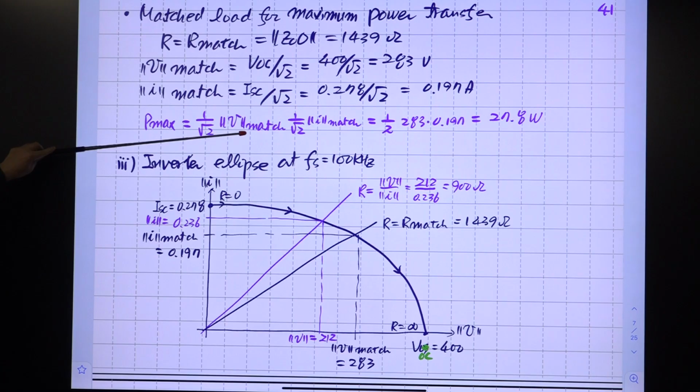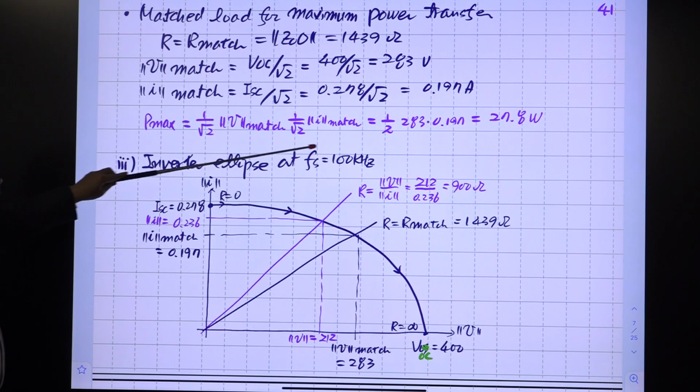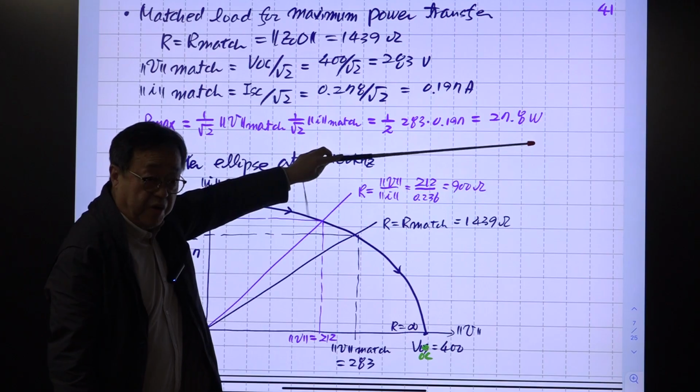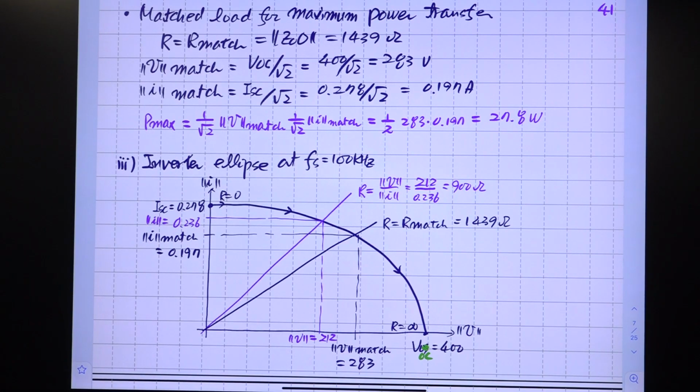This is the RMS value. This is the peak value. Then this is the RMS value. Then this is the average power. So if you plot the power delivered through this resonant tank, maybe it starts from 0, goes to the maximum value and returns to 0 like this, right?